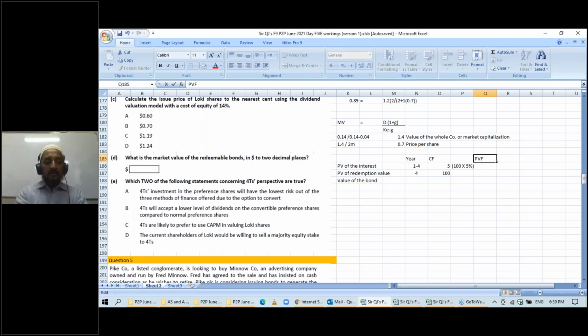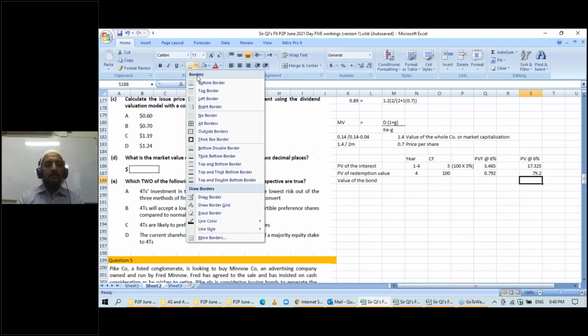So present value will be calculated at 6%, which is the required rate of return. So this makes, so there you go.